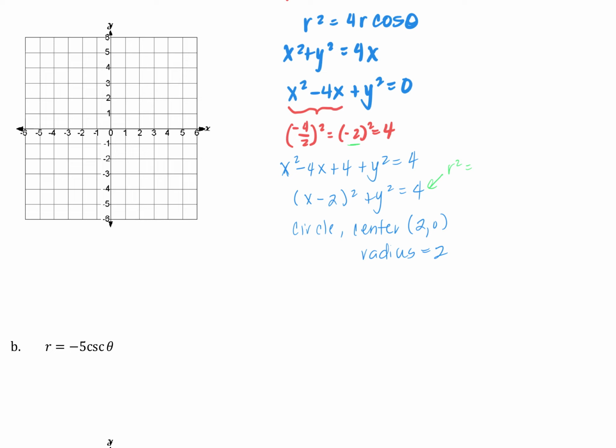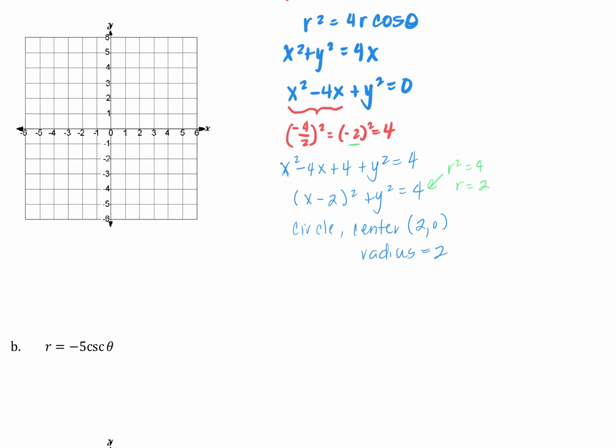And when we talk about a radius, this is not the same as the r in polar coordinates. The r in polar coordinates can be negative or positive. But the r in a circle in our rectangular coordinate system with x's and y's is always positive. So if r squared is equal to 4, we would choose r equal to 2 when we square root 4.